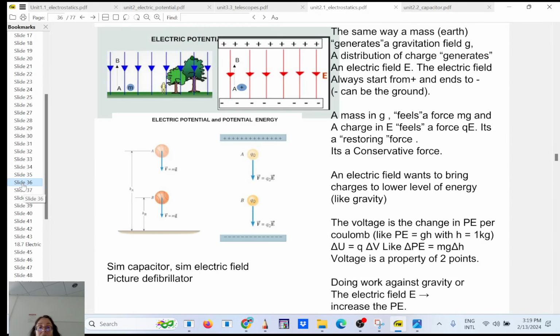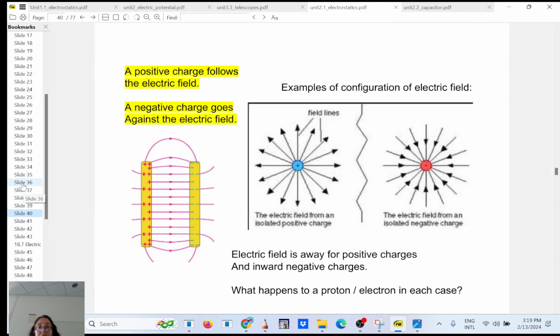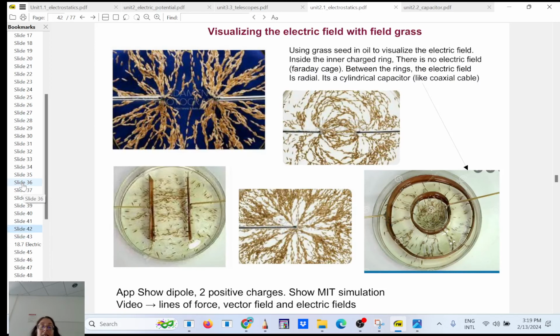Okay, and if you go back to the visualization, you see, this is a conductor. It's being charged because it's connected to a plus or a minus. Inside here, you see all the seeds go in different directions. There is no electric field inside here.